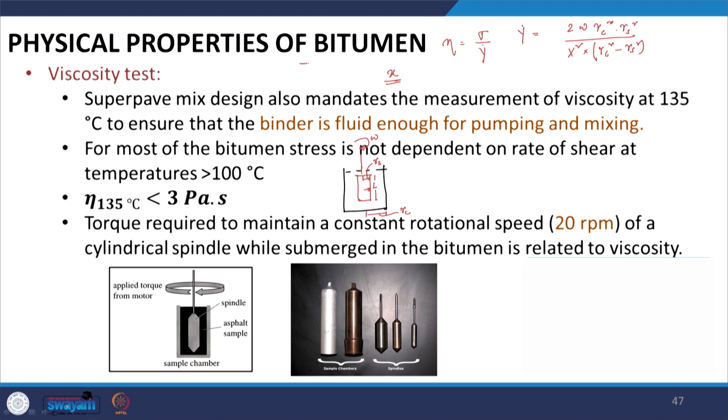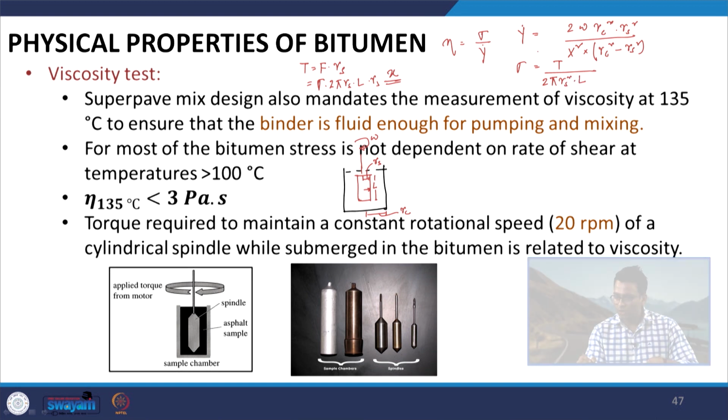We have torque, and torque is force into the distance. So, distance will be Rs here, and force can be written as stress or sigma into the area, which will be equal to 2 pi Rs into L, the circumferential area, into Rs. So, here sigma can be written as the torque T divided by 2 pi Rs square into L.